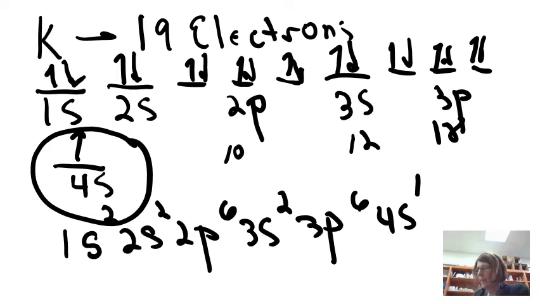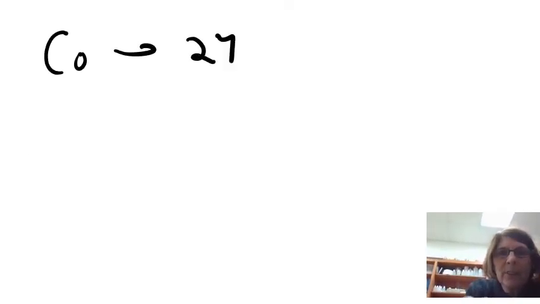All right, let's do cobalt. So cobalt has 27 electrons. Let's make sure that's right. So we're going to do the same idea. You can go right to the electron filling, because that's what it's asking for.